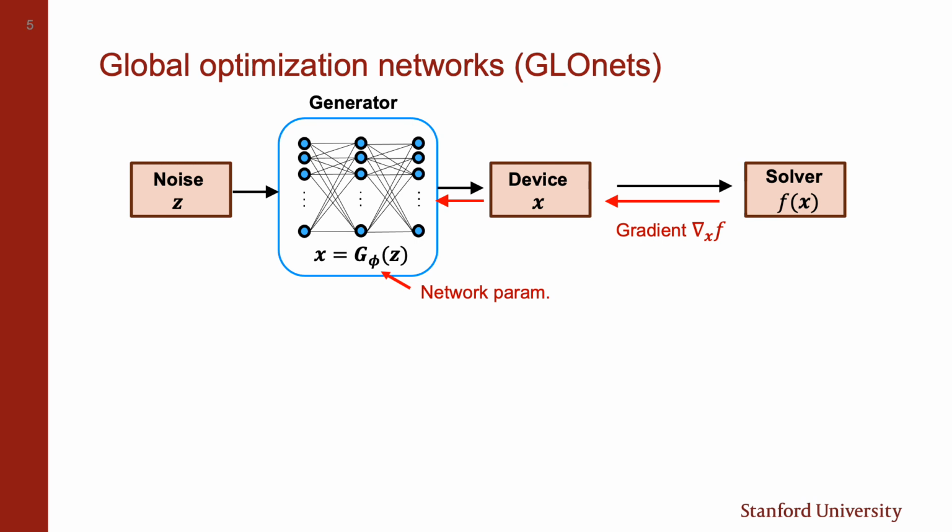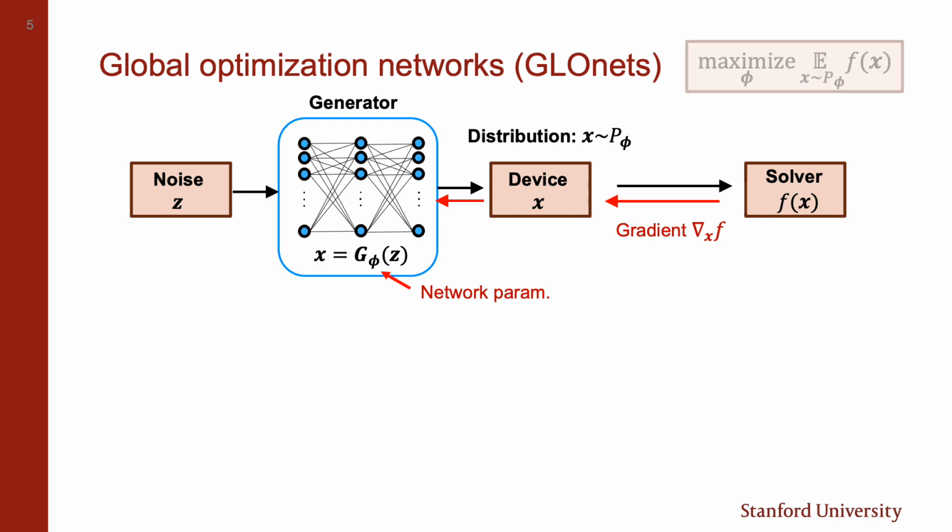The generator is basically a complex function with trainable neural net parameters phi, and this function maps different z onto different device patterns x. So it can be regarded as a random device generator corresponding to a probability distribution p phi, which covers the whole design space. As we change the neural net parameter phi, the distribution p phi will change accordingly.